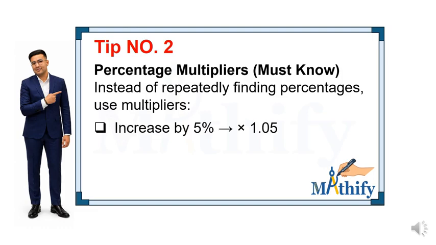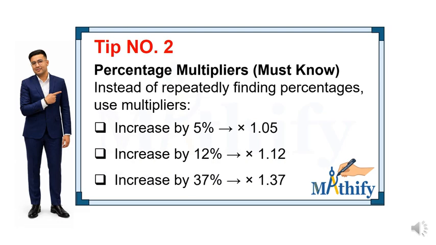For example, increase by 5%: add 100% to 5%, that's 105%, divided by 100 is equal to 1.05, so times 1.05. Increase by 12%, multiply by 1.12. Increase by 37%, multiply by 1.37.